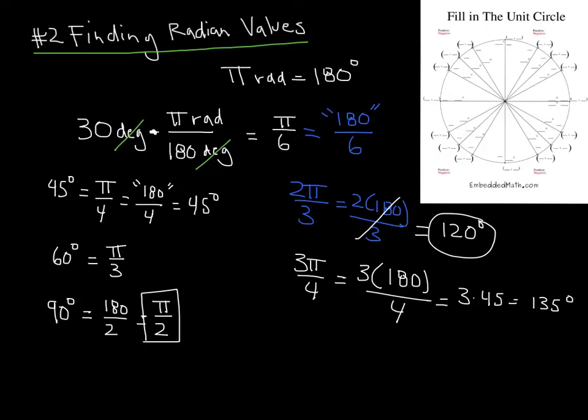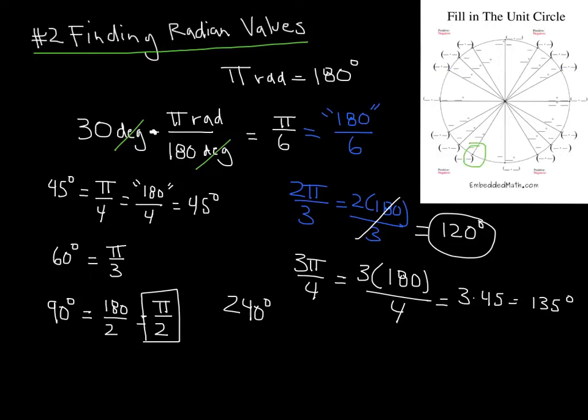And this is what you want to do. Here's the key. You want to find an angle in the first quadrant that you can multiply by to get the other angles. Let me make sure that makes sense to you. Let's say we want to find 240 degrees, which by the way is right here.